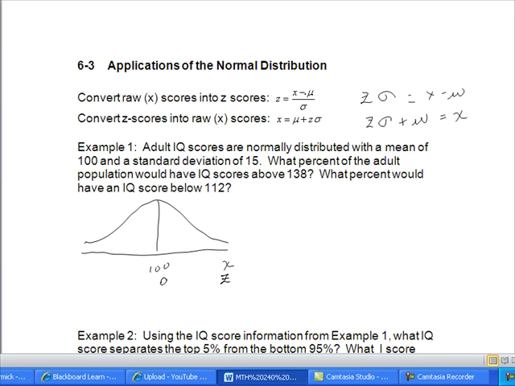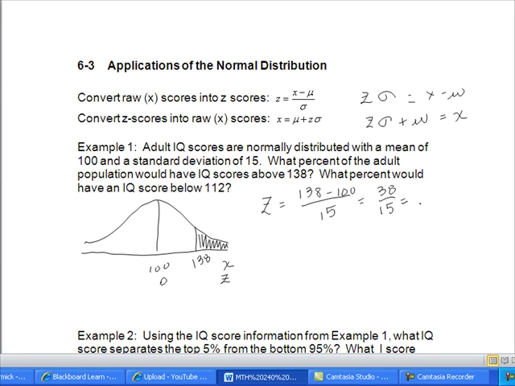Okay, so I want to know what percent of the IQ scores are above 138. But what I need to do is find the z-score that goes with 138. So I'm going to take 138 minus 100 and divide it by 15, which is the standard deviation. When I divide these, I want to carry it out to 2 decimal places because that's what the table has in it.